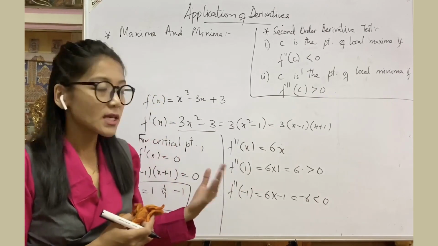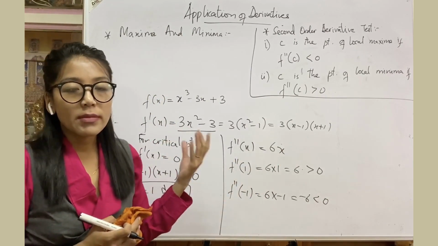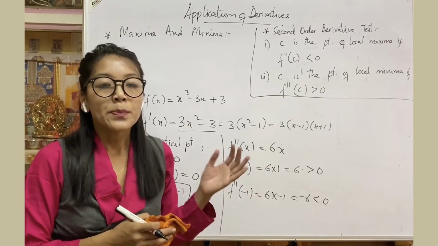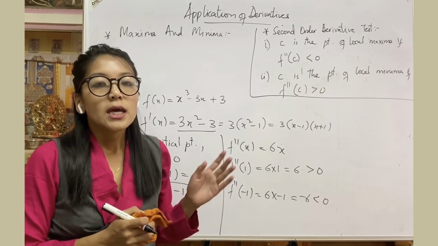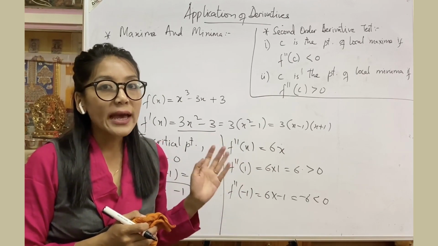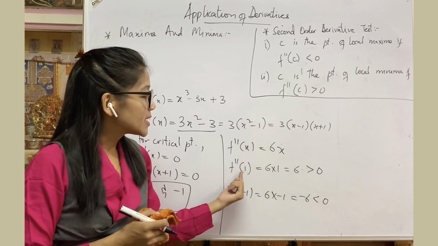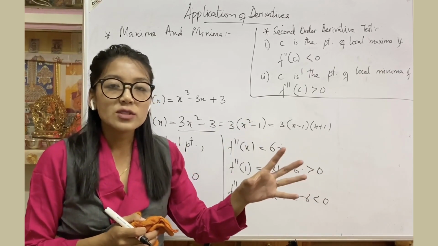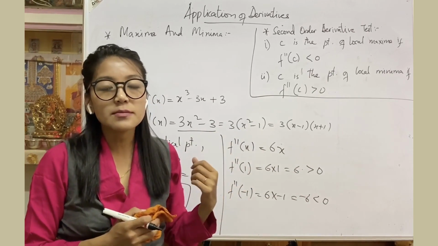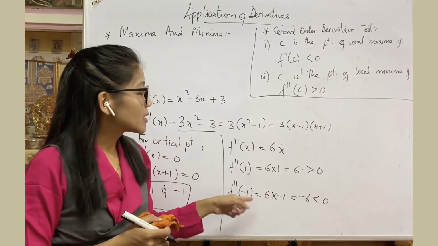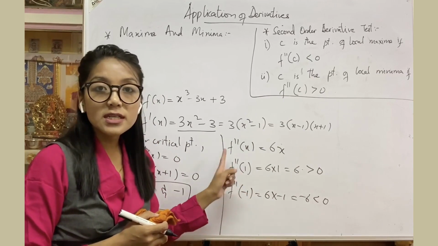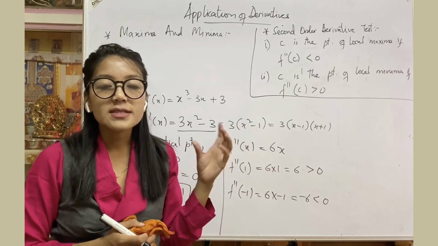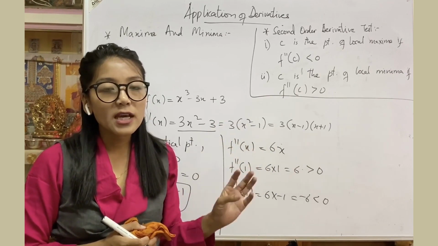So you see, we get the same answer by using these two methods, the first derivative test and the second order derivative test. But in some cases the second order derivative test is not applicable, if f double dash x turns out to be 0. If it is non-zero, then it's fine. But sometimes when you put the critical point, you will get f double dash x equal to 0, which means the second order derivative test is not applicable for that function.